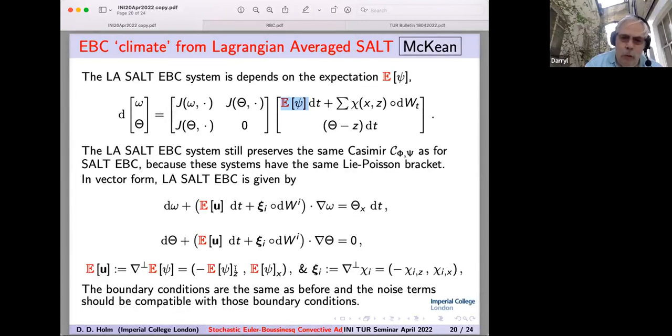And the derivatives of the expectation of the stream function is what comes into the vorticity description in terms of the Jacobians. And these C's now go back to looking at their stream functions. Boundary conditions are the same as before. And as before, the noise terms should be compatible with those. How do you get C's that are compatible with that? Well, that's part of the constraints. They have to be constrained.